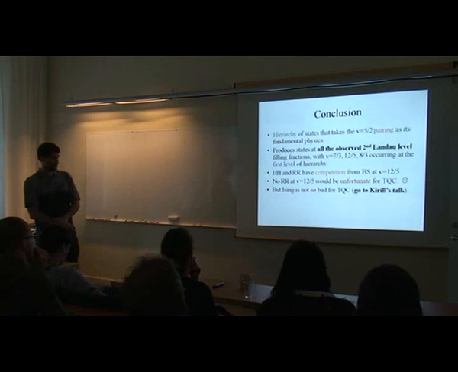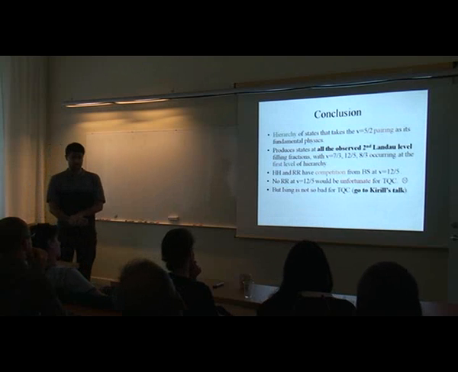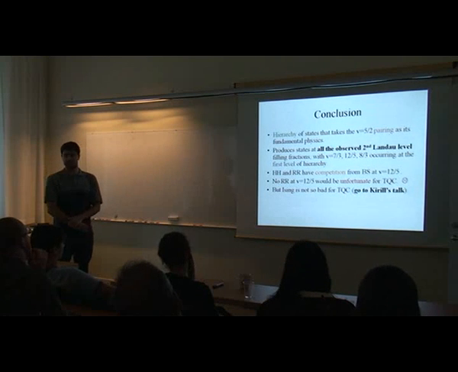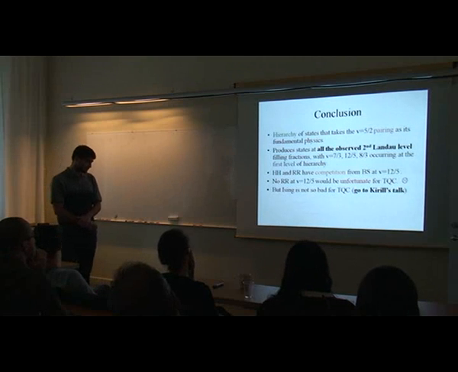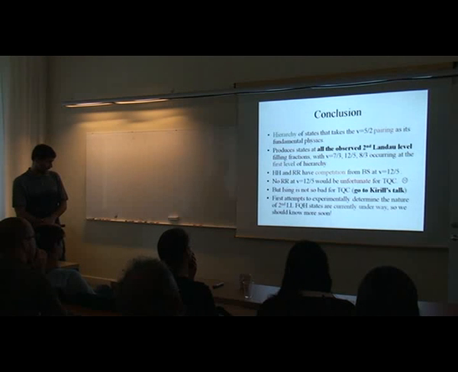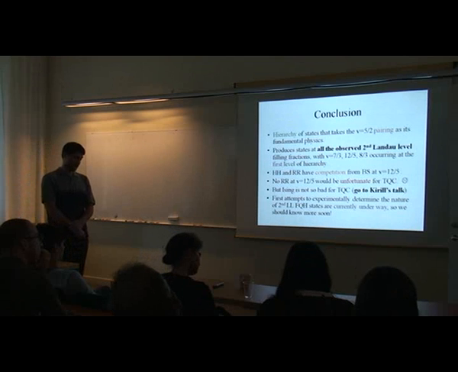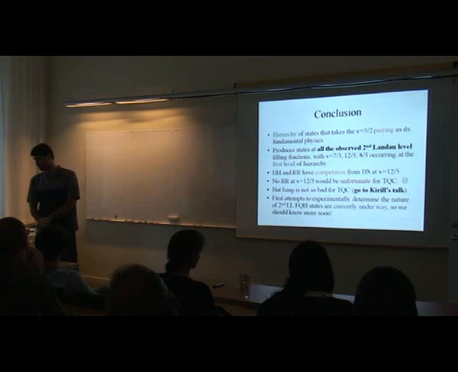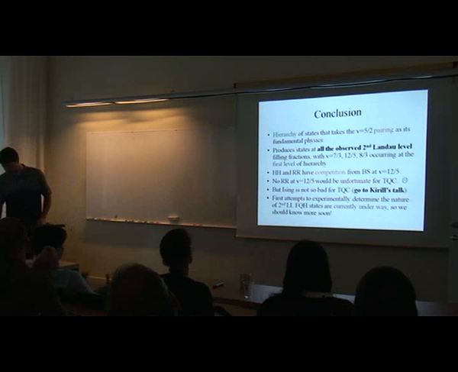In particular, you should go to Kirill's talk tomorrow, because he'll tell you exactly how we would be able to use them to produce universal quantum computation. And of course, the first attempts to experimentally determine the nature of these states are underway, so we should hopefully know more soon. Thanks.